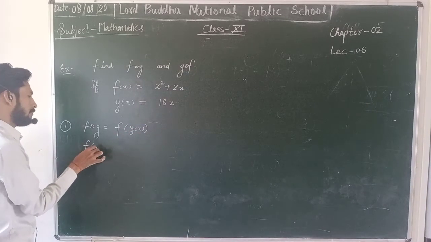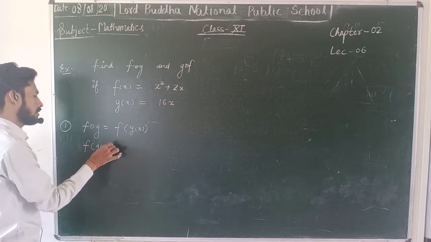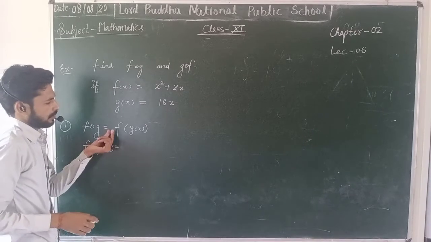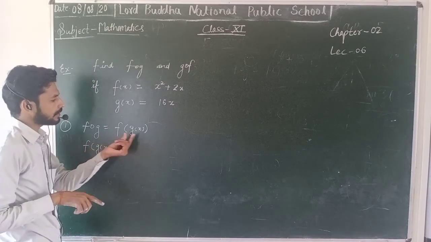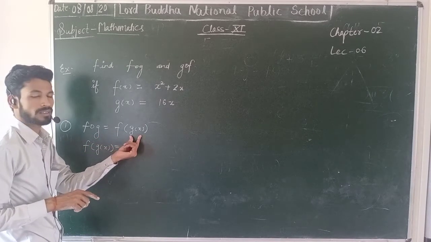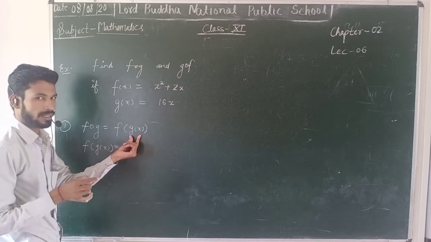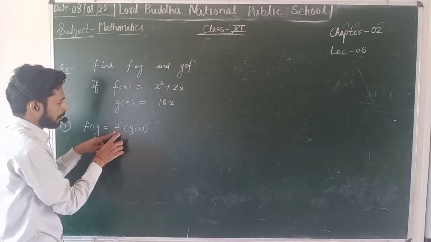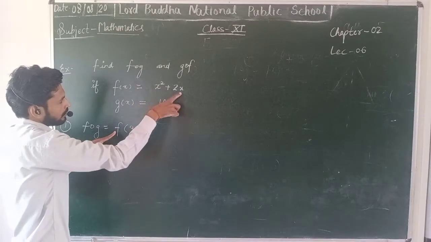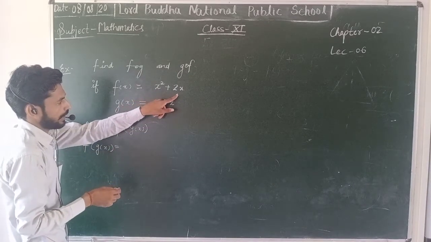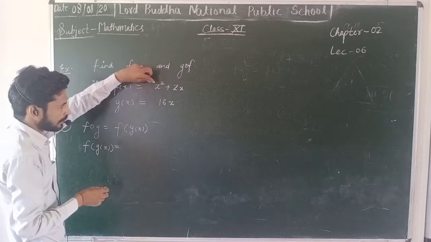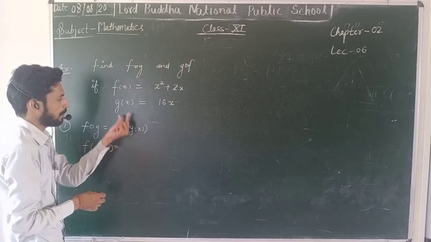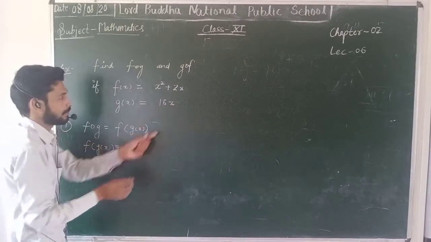So f of g of x is equal to, now remember that this is the function in which the function g of x is the input variable. So in place of f of x, you can write x square plus 2x, but in this case in place of x we have to put the whole function g of x, that is 16x.